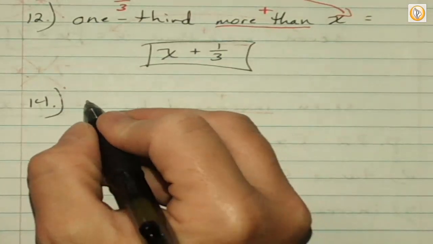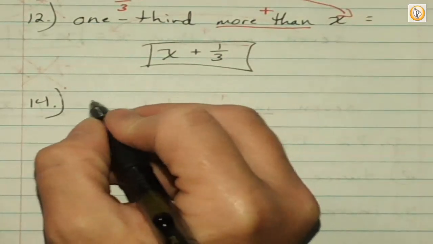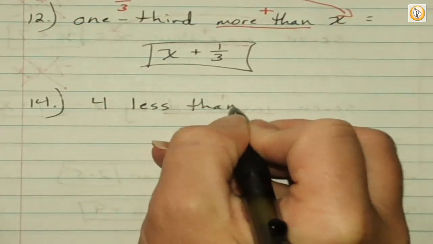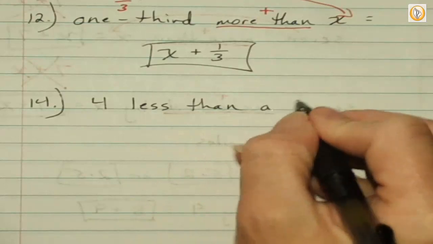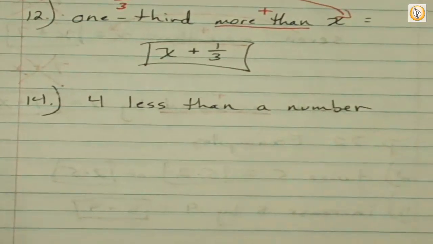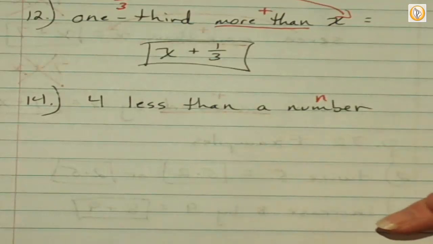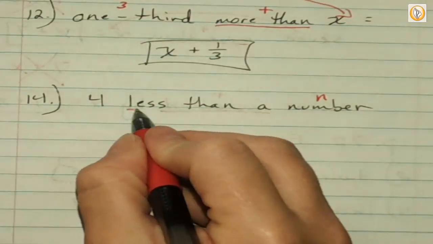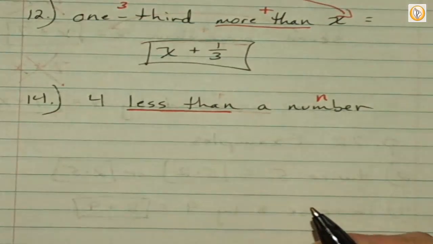Okay, 14. Kelly. 4 less than a number. So the number is an N, since there isn't an actual number. And it is less than, so that's your red flag word.